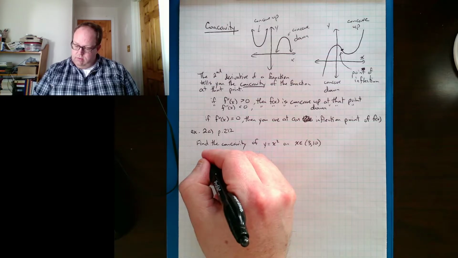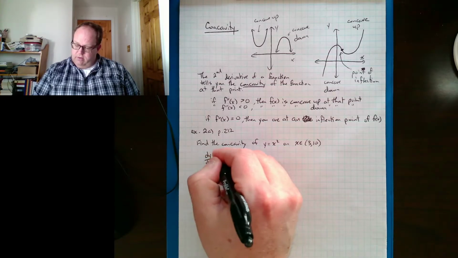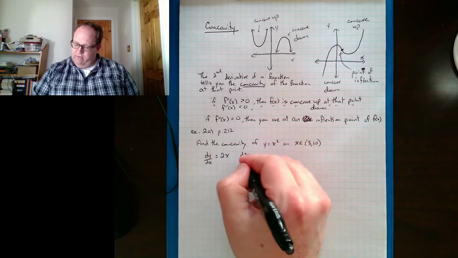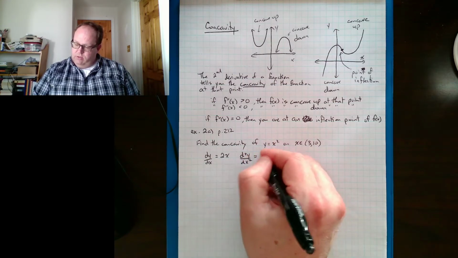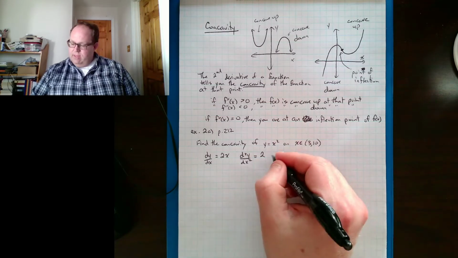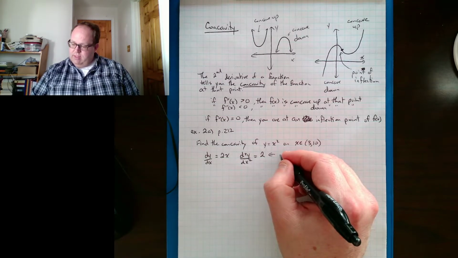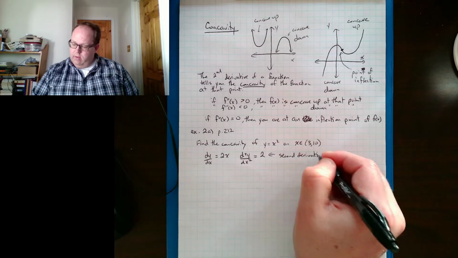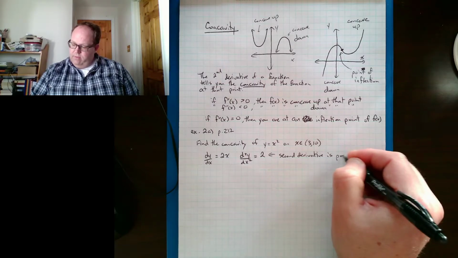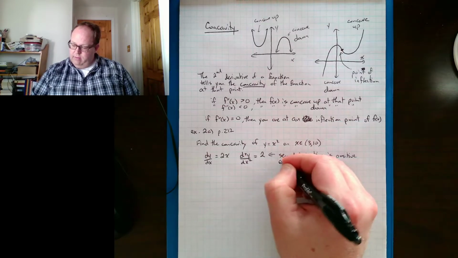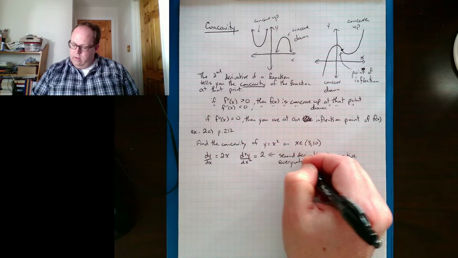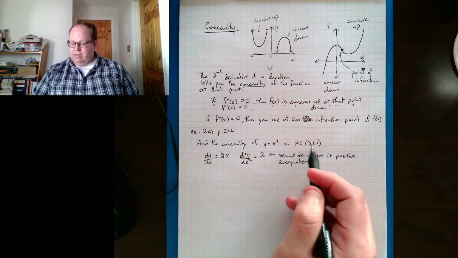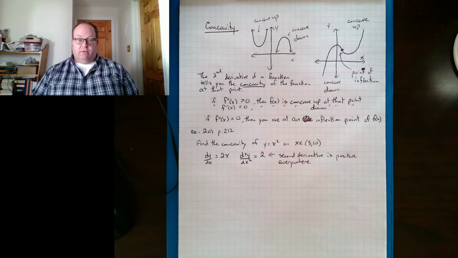So my first derivative is 2x. My second derivative is just 2. Now what that tells me is my second derivative is positive everywhere, because we've lost the x dependence on this, so no matter what value x takes on, that second derivative is positive 2.